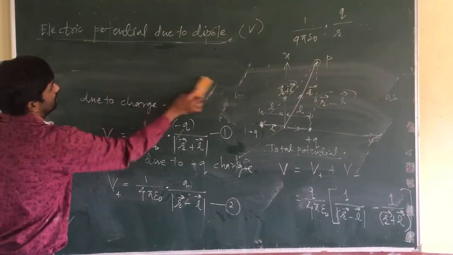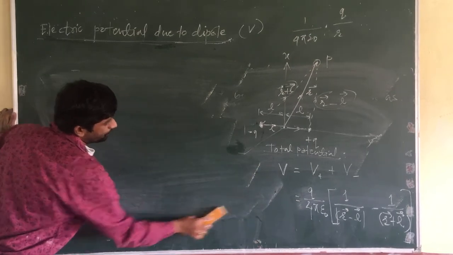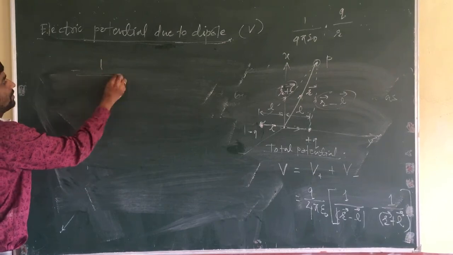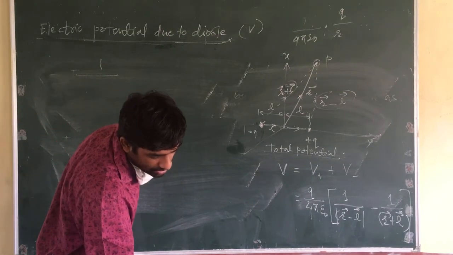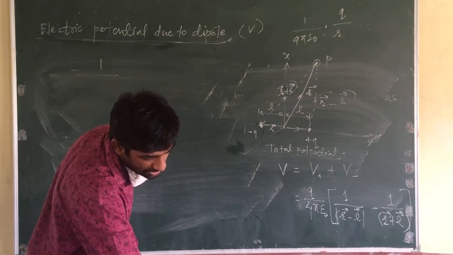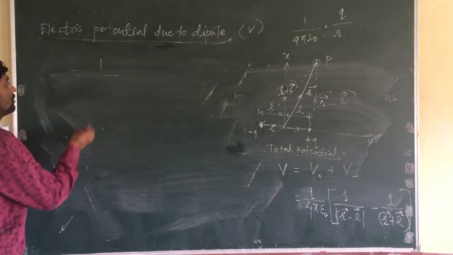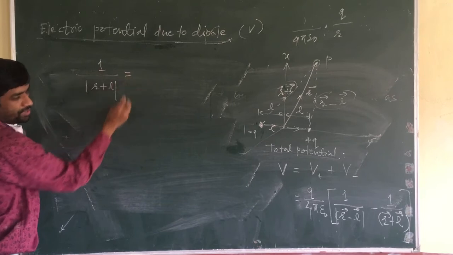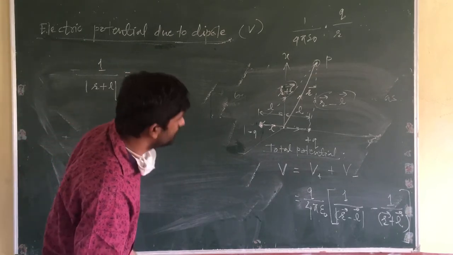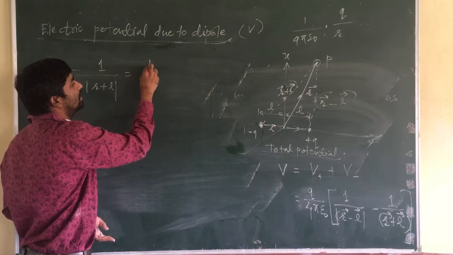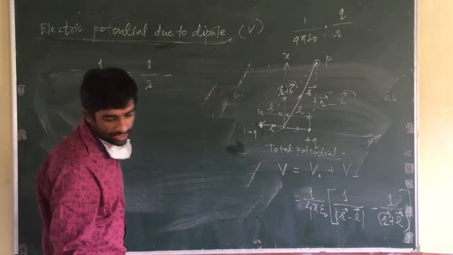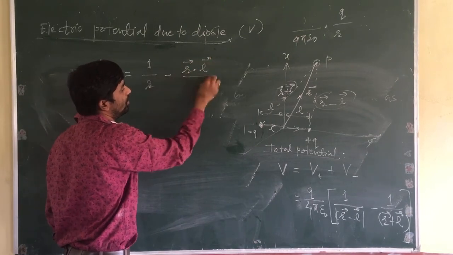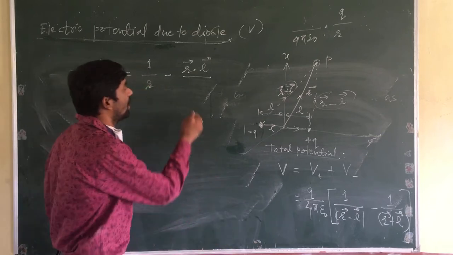So let's go to the next portion. If you simplify this relation, what is 1 upon r plus L and what is 1 upon r minus L? 1 upon the magnitude of r plus L is equal to 1 upon r minus r vector dot L vector, their dot product, divided by r cube.